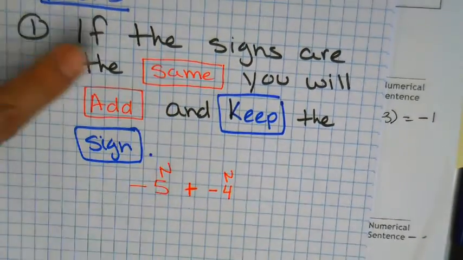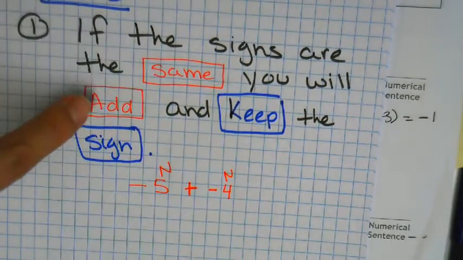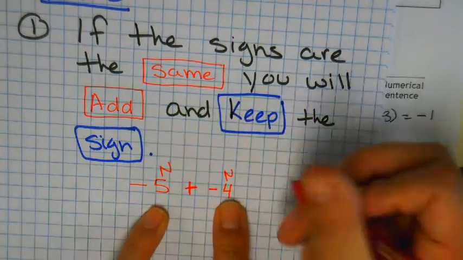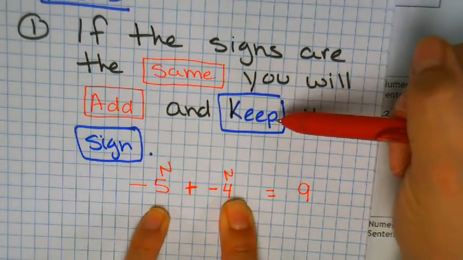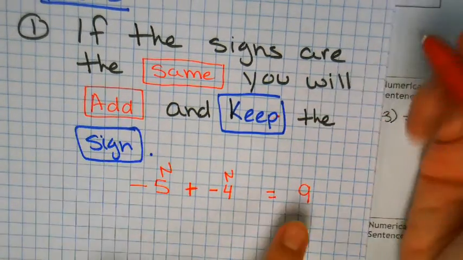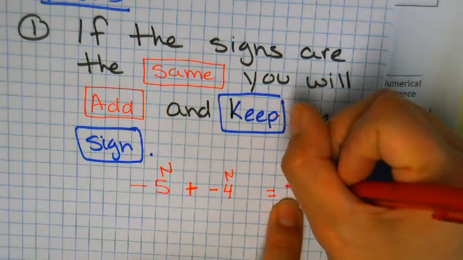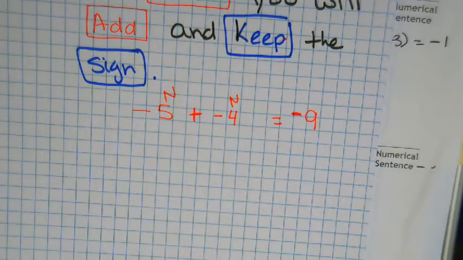So if they're the same signs, you are going to add. So what's 5 plus 4? 9. And you're going to keep the sign. So that means it's negative 9. So if the signs are the same, these are both negative, we're going to add them. We get 9, and we're going to keep the sign. We're okay?